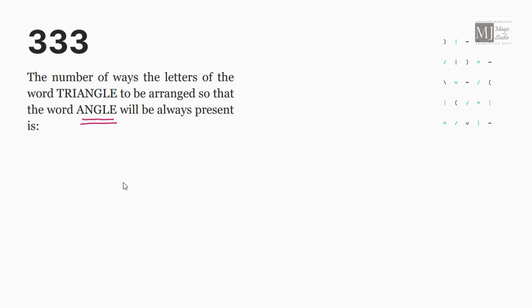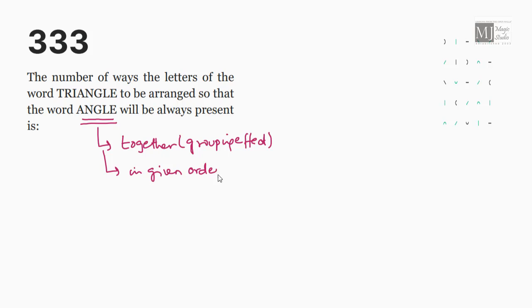It means that 5 things always occur together in a given order. 5 things always occur together, which accounts for the grouping effect, and in a given order, which accounts for these 5 items being treated as alike items. So the grouping effect is (n minus g plus 1) factorial into factorial g, and alike items is divided by the factorial of the number of alike items, isn't it?